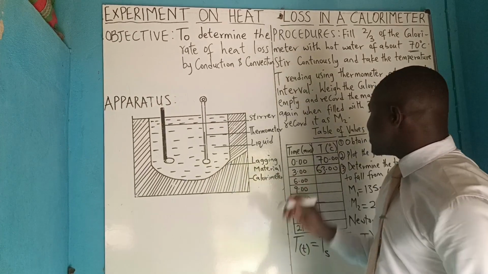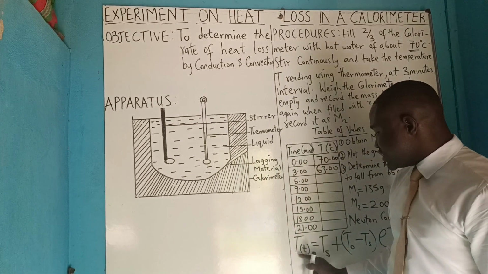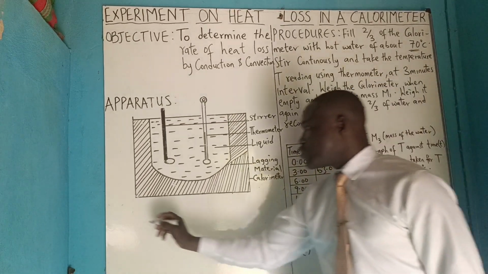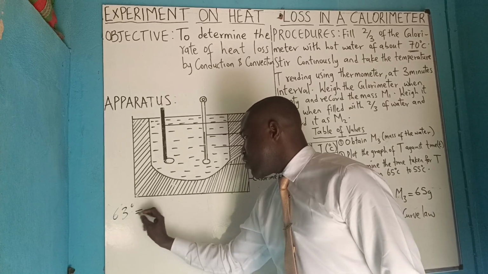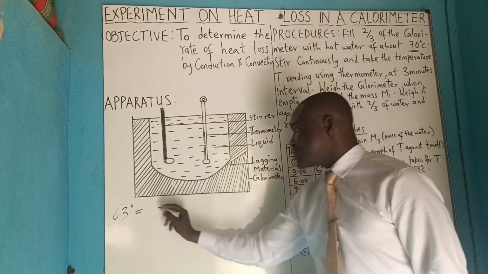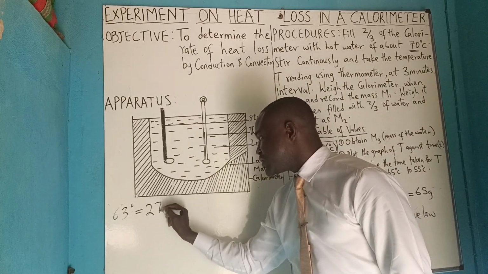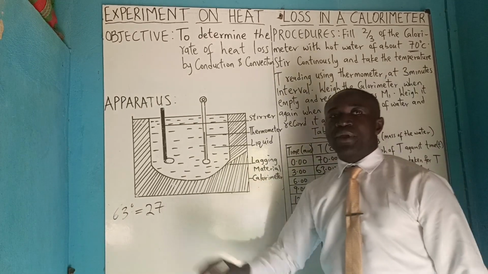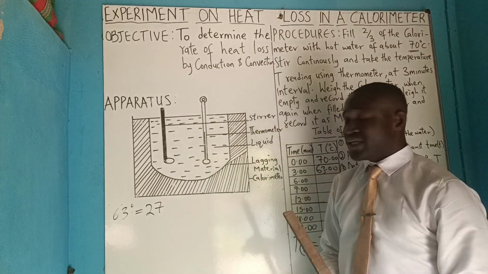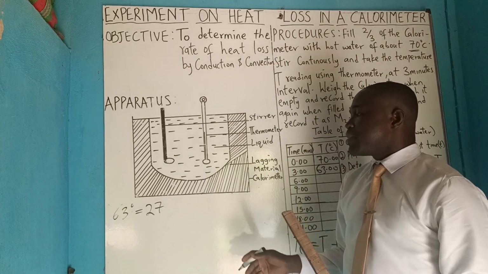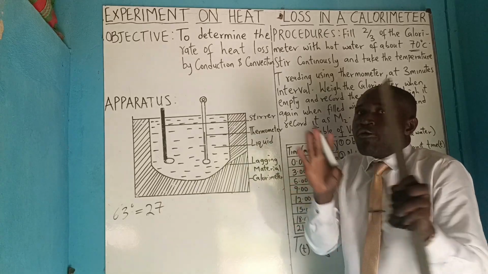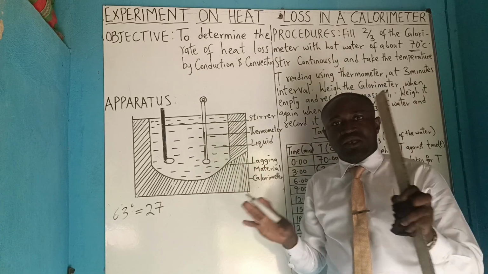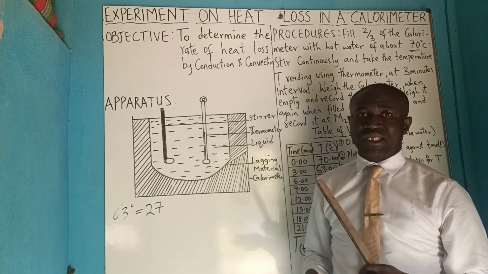Okay, the first thing we do is our T_t is the temperature we got. We got 63 degrees, equals our T_s. We say that our T_s is 27. This is the temperature of our room environment. Are you getting it? Yes, so that one is constant. It depends on the temperature of the working environment, the surroundings where you are performing this experiment.